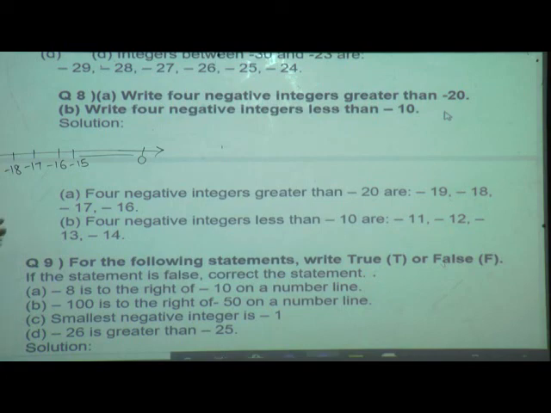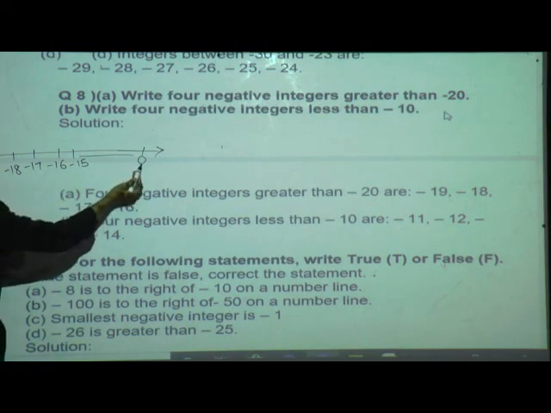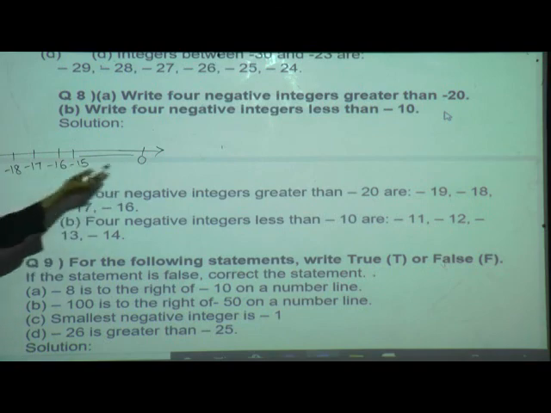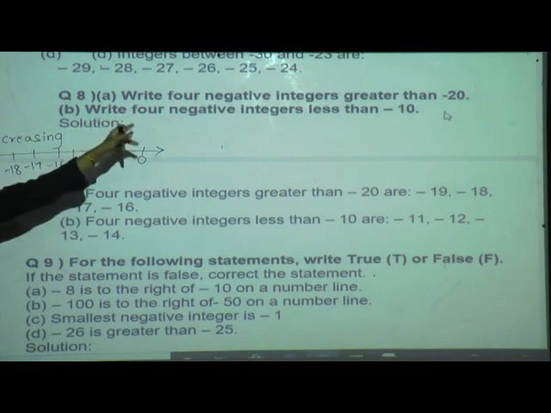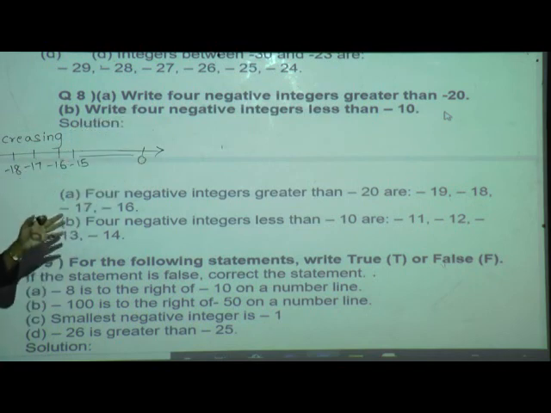You know, students, if we move towards the left side from 0, the numbers are decreasing, the smaller numbers. But in the question it is asked, write 4 negative integers that are greater than minus 20. If we move this side we are increasing, and if we move this side the numbers are decreasing.